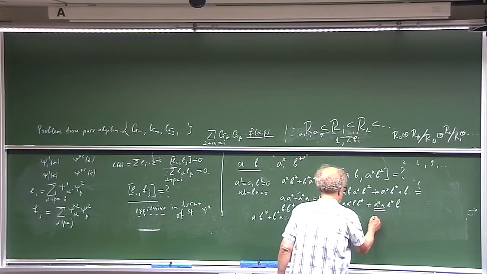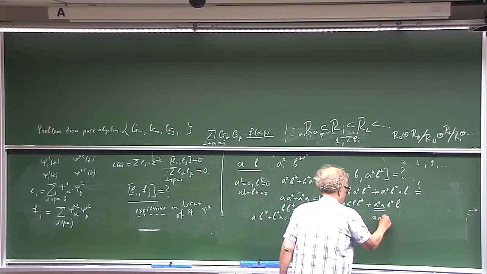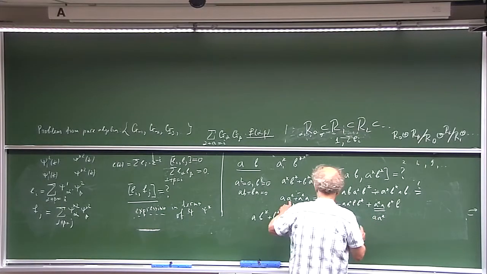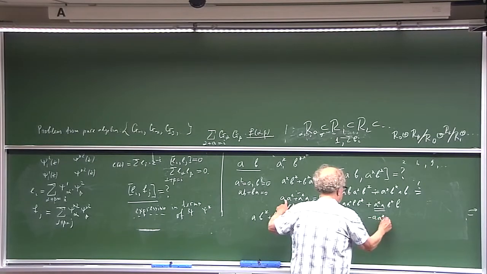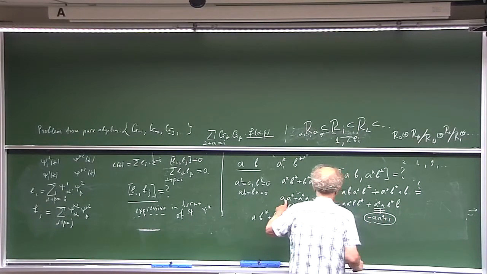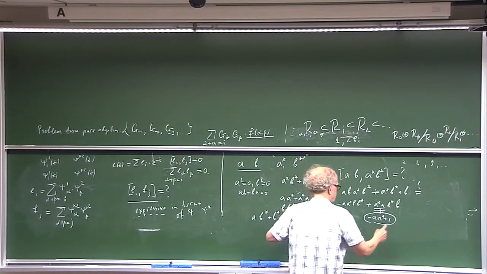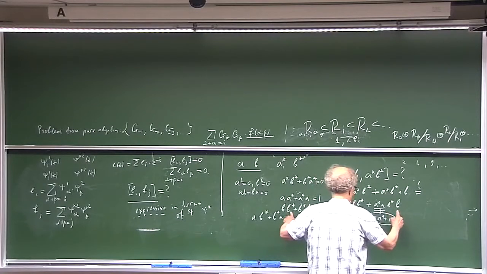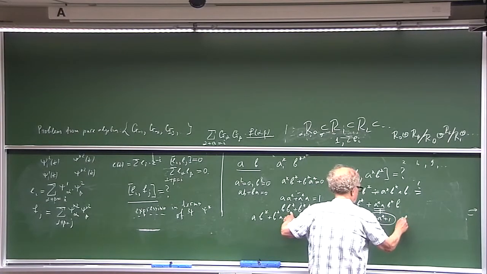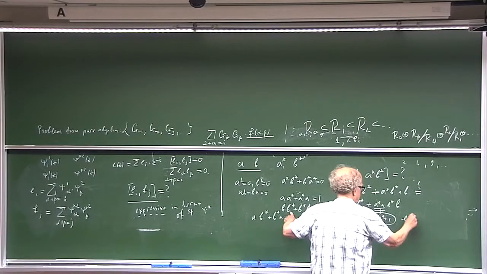It is A star minus A star plus 1. It is this. And about this, it is the same story. It is minus B star plus 1.